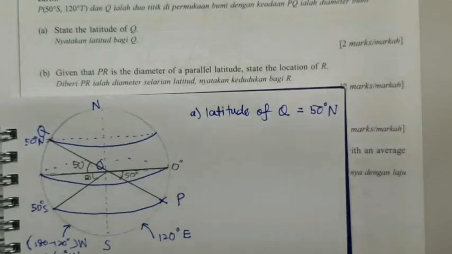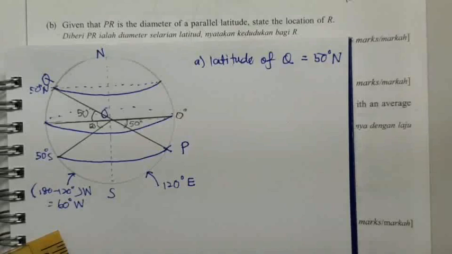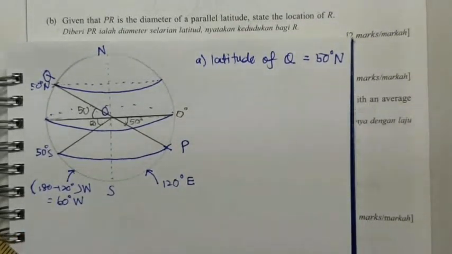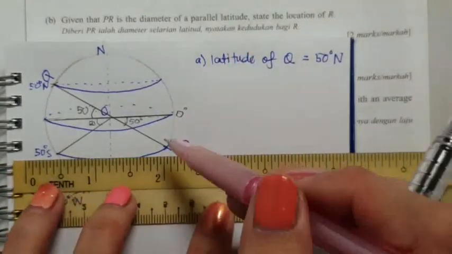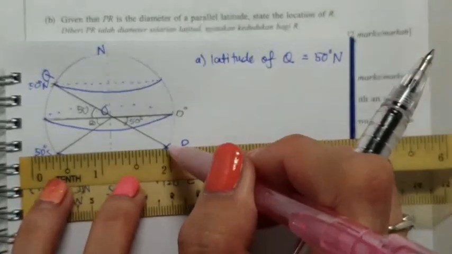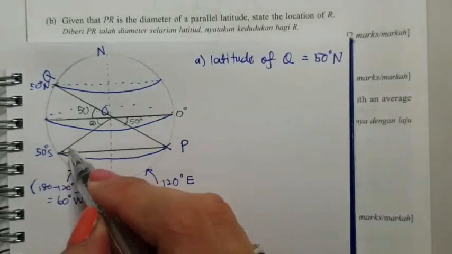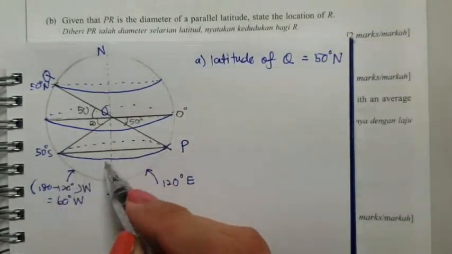And the second part, given that PR is the diameter of the parallel of latitude. That means it's from P joined to the opposite side, because that will be the diameter of the parallel of latitude.